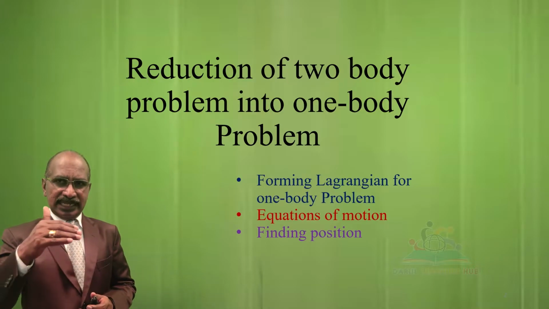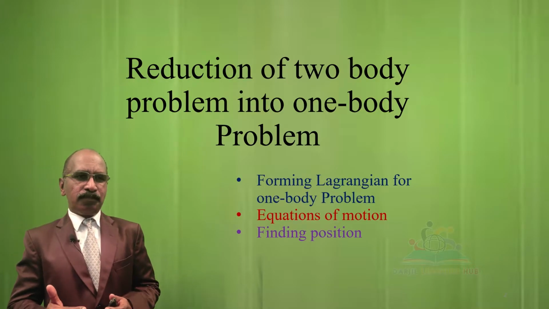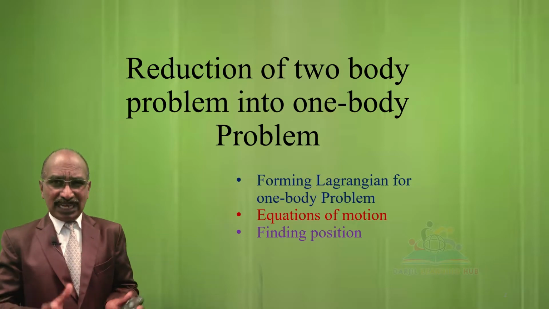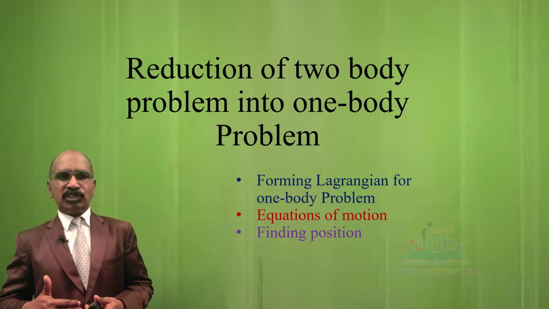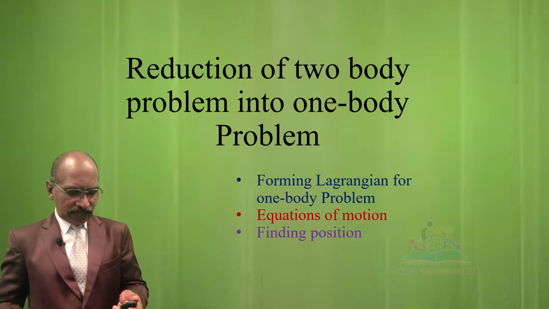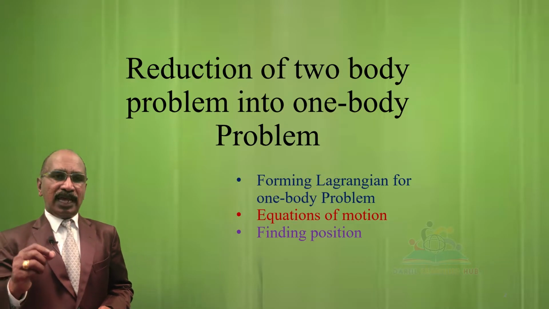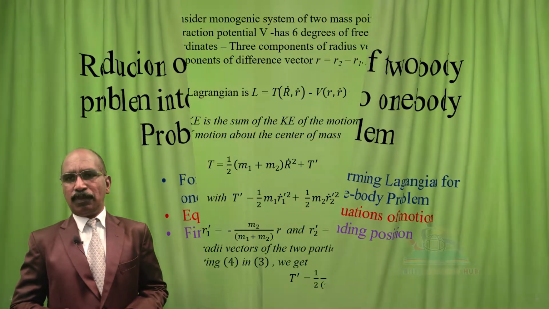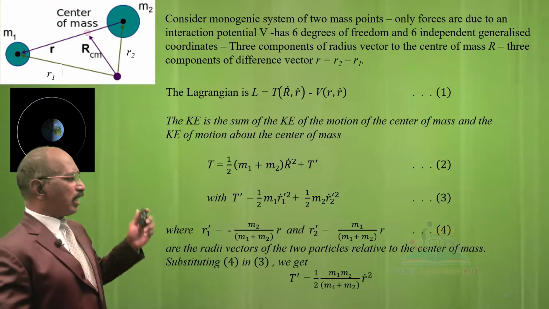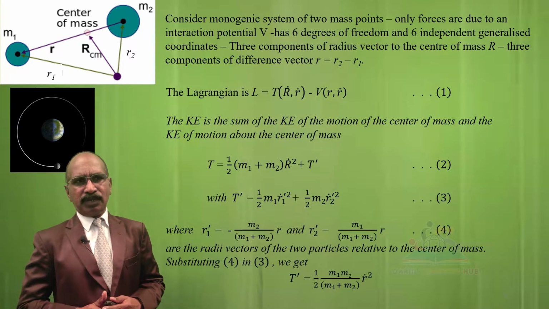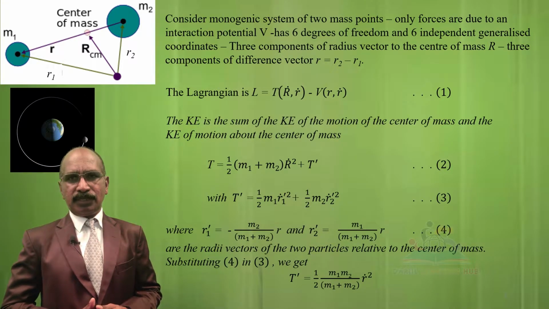The first one is the reduction into a one body problem. Second, we form the Lagrangian. Then we write down the equations of motion. Finally, we solve the equations of motion and find out the position of the body at a particular time. So for that, consider a monogenic system of two mass points.